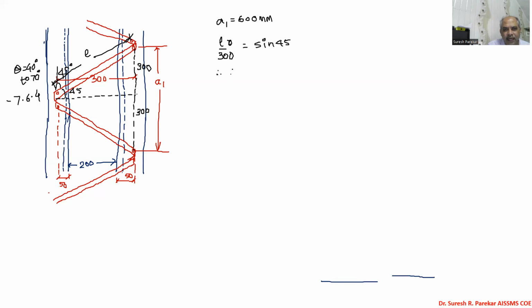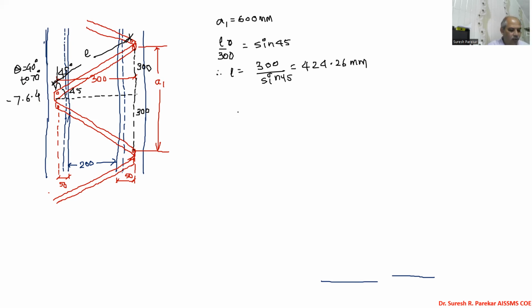And from this we will get L equal to 300 upon sine 45. And from this we will get length of lacing equal to 424.26 millimeters. And now we will go one by one step.